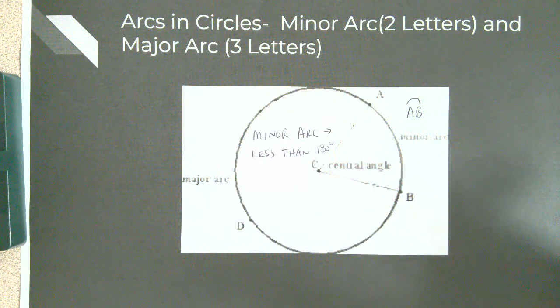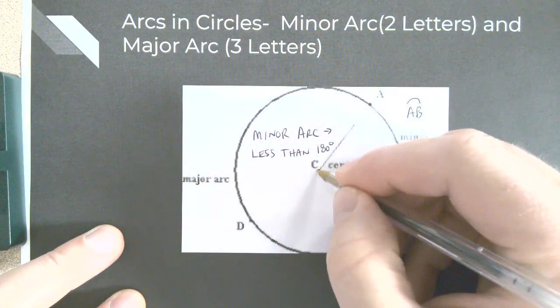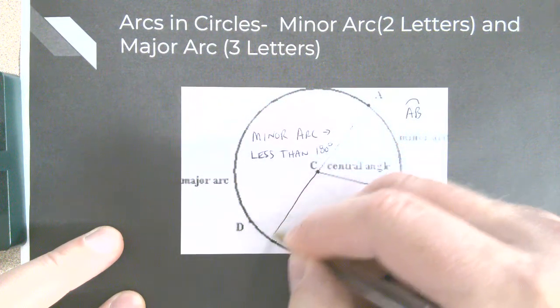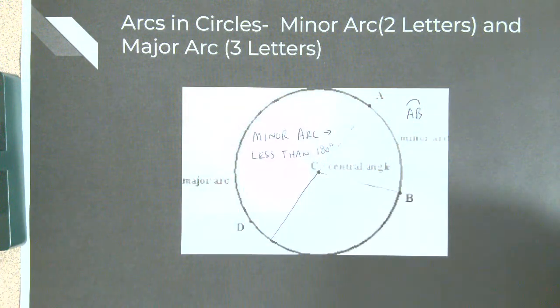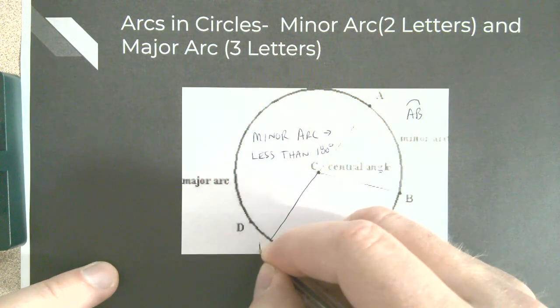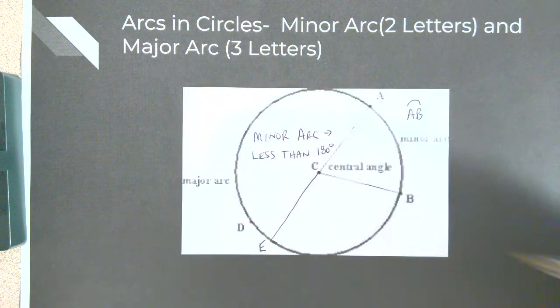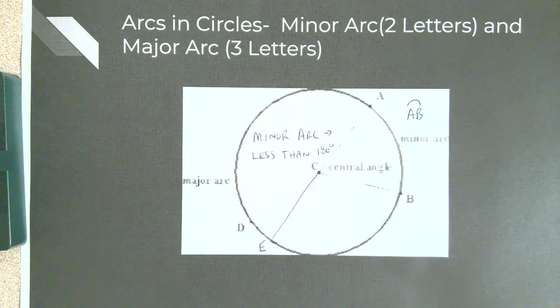Now we know in a circle, if I were to extend this radius and make it a diameter, and I'm going to add another point just so you can have that arc, arc ABE, an arc that's 180 degrees, we call that a semicircle. So a semicircle is half the circle.